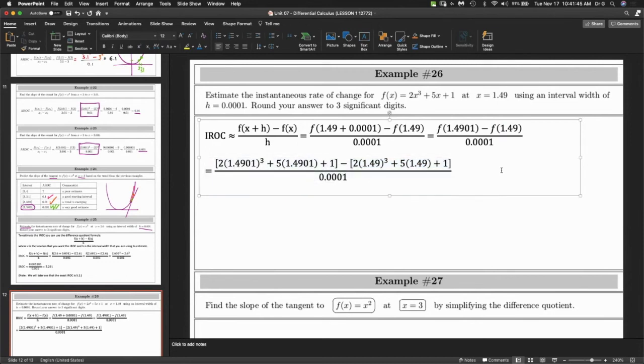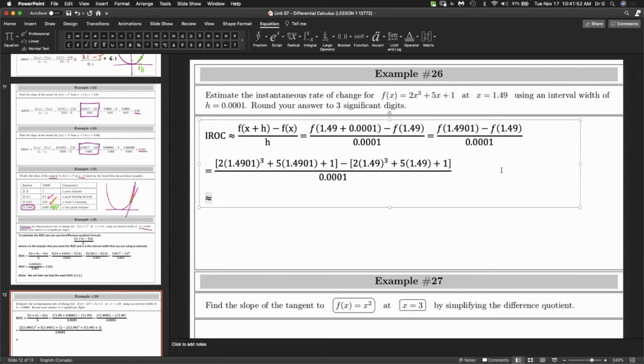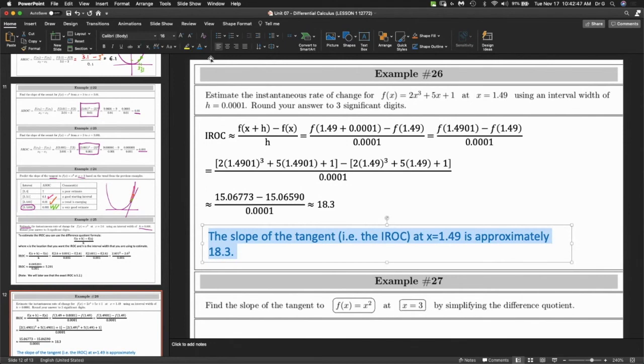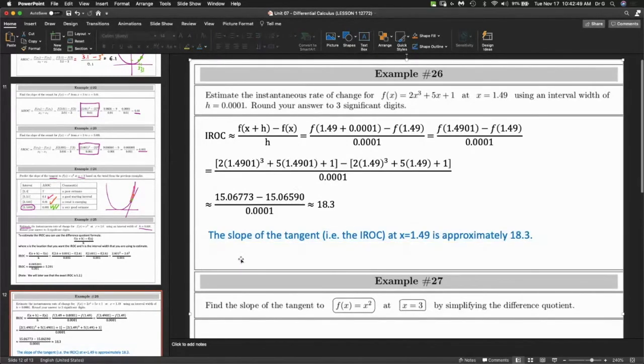Eventually you'll get something like this, which approximately is 18.3. So this question really is just about experimenting using the formula for the instantaneous rate of change estimate. So that's what we just figured out.